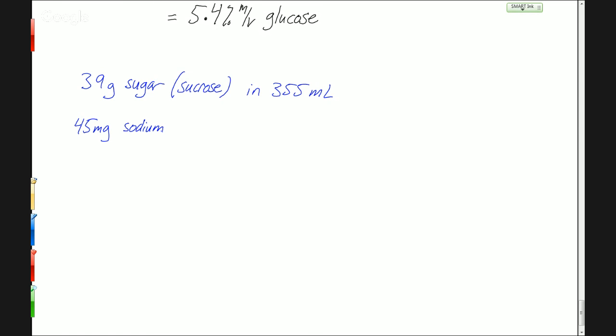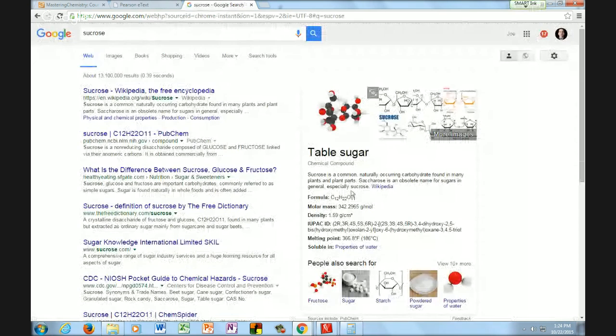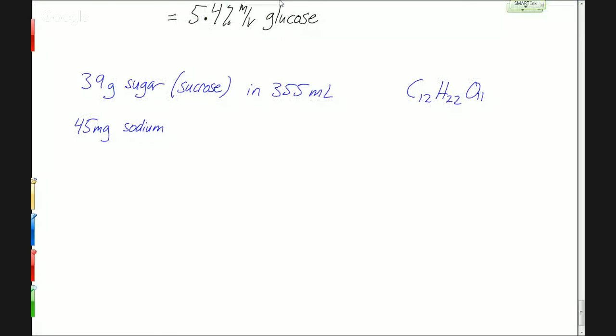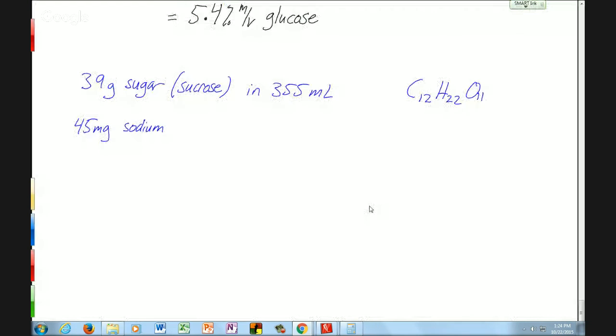So sucrose is C12H22O11. Let me check that. Yeah, all right. And the molecular weight is about 342.